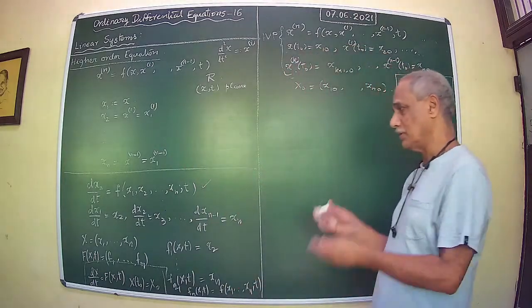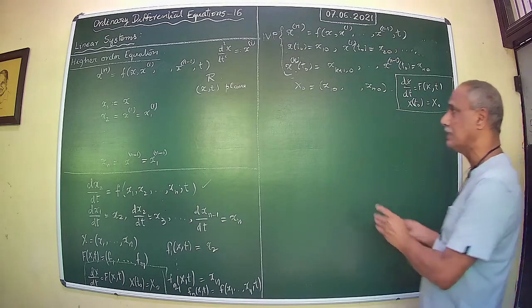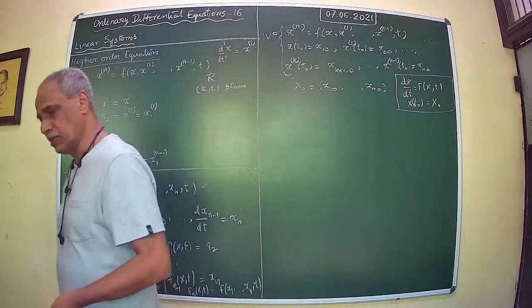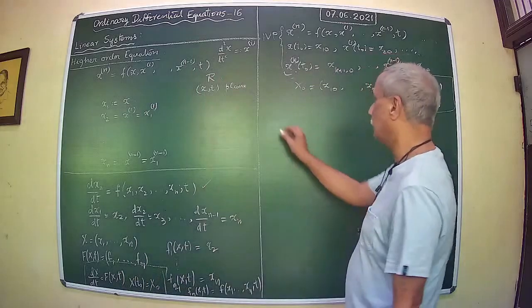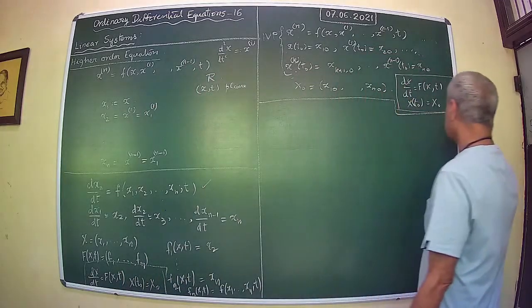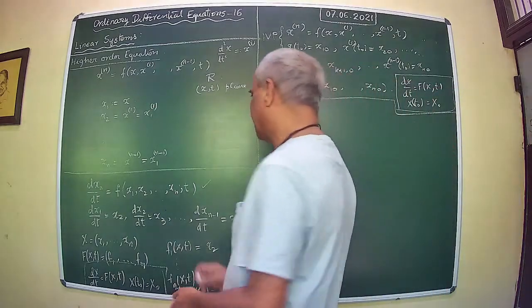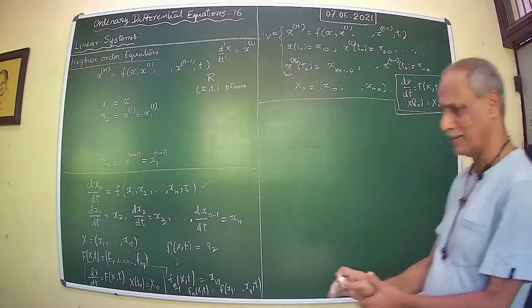So the general theory that we develop for the systems is equally well valid, with the corresponding interpretations, for the nth order equation or the higher order systems. That's the one remark. We will deal with nth order linear equations later, then things will be more clear.